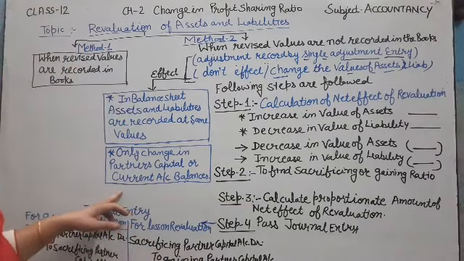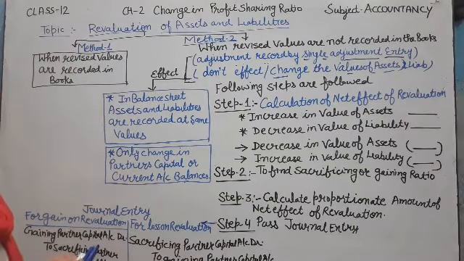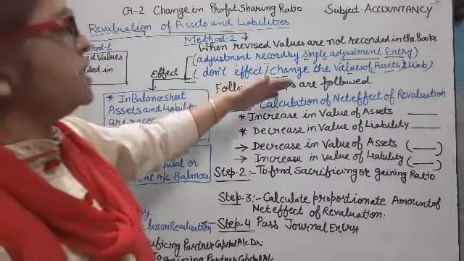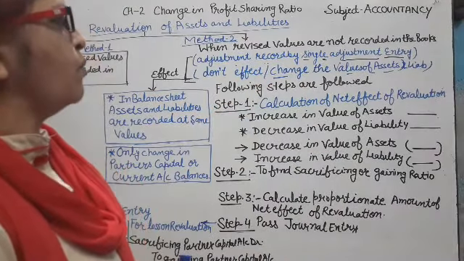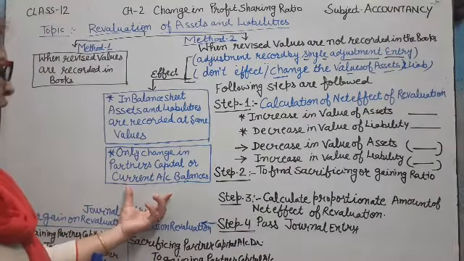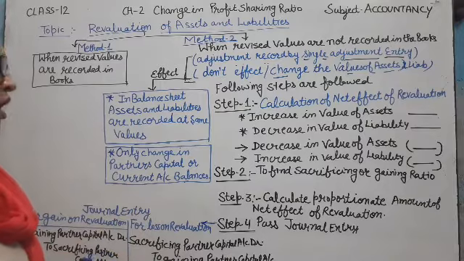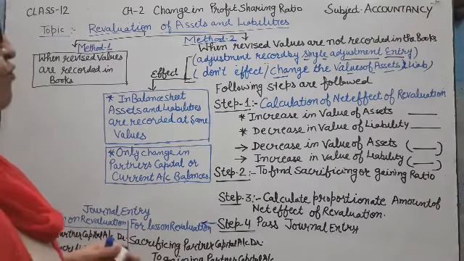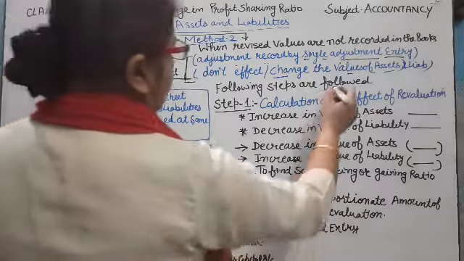And the second effect is only a change in partners' capital or current account balances. The revised value we are not recording in the books, its effect shows only on the partners' capital or current account balances.